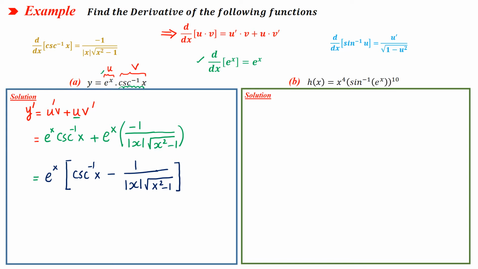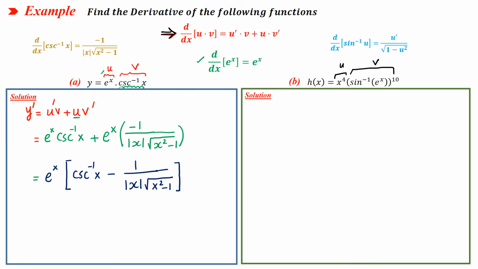In part B, we have the function h of x, and also h of x is a function that has two functions multiplied with each other. So you have to use the product rule again, and you have to name the first one u and the second one v.